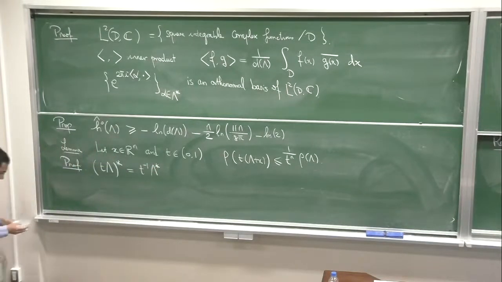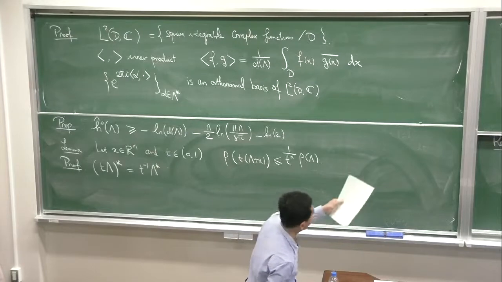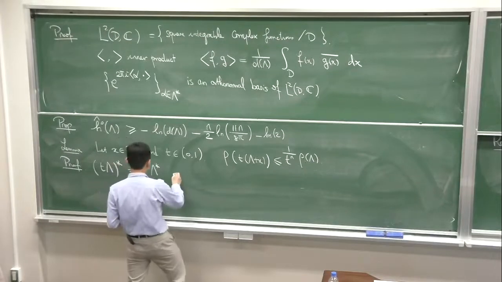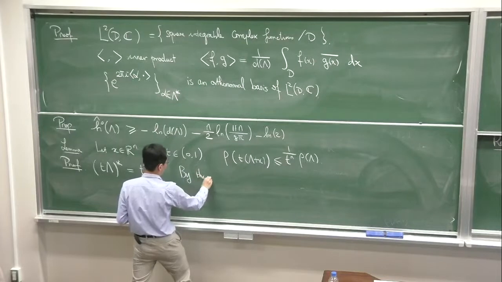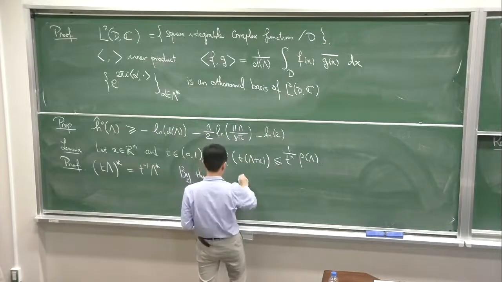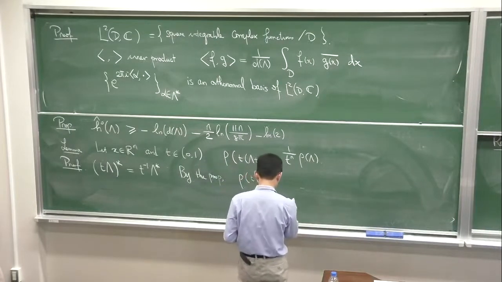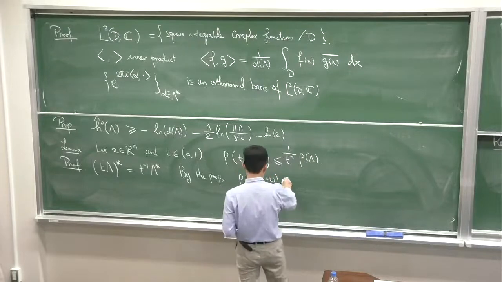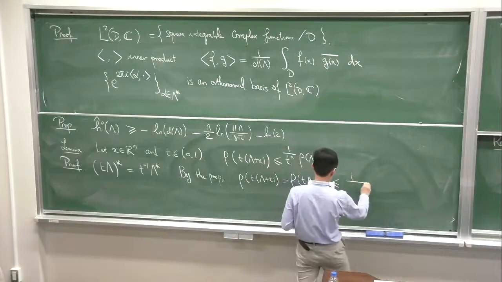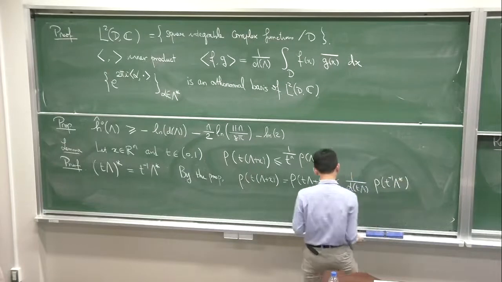You can prove this rather easily. Then by the proposition that you see on the board, you will have rho of t lambda plus x, which is rho of t lambda plus tx, is smaller than 1 over d of t lambda times rho of t^(-1) lambda star.